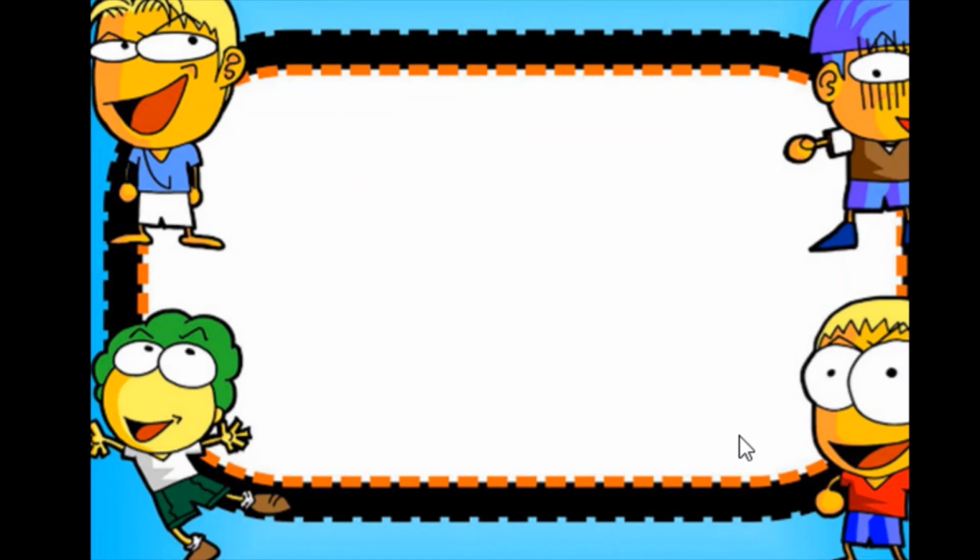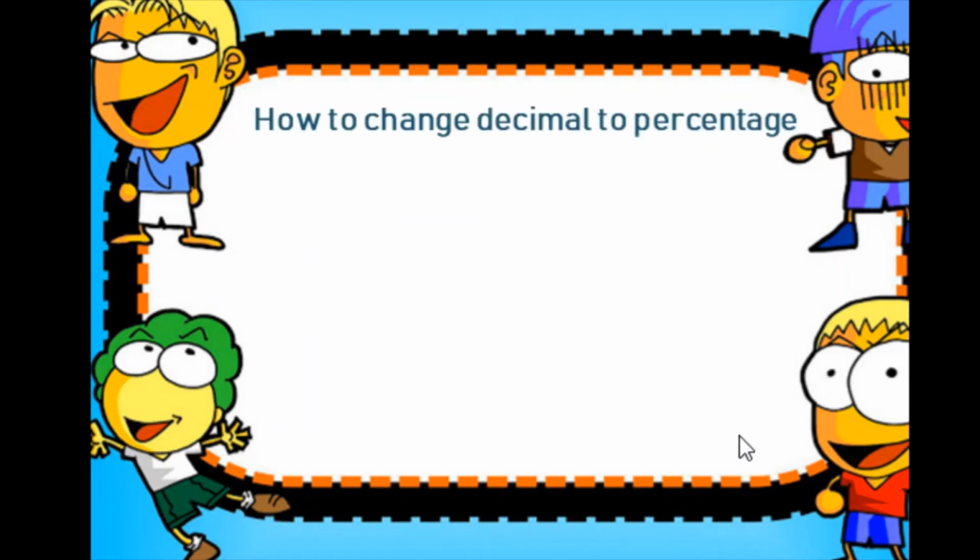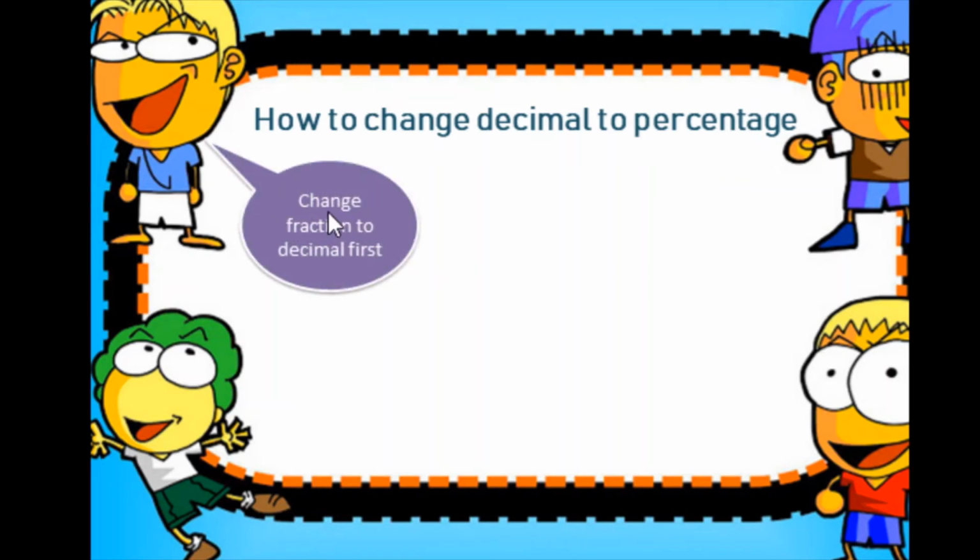Okay, next. It's time to know how to change decimal to percentage, or perhaps fraction to percentage. Listen to step number 1. Change fraction to decimal first. You need to change the fraction to decimal first before changing it to percentage.